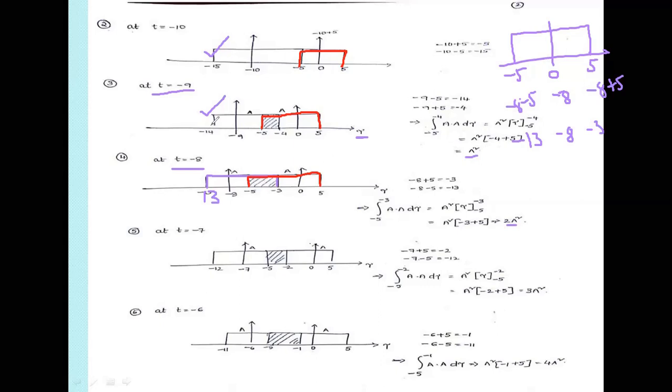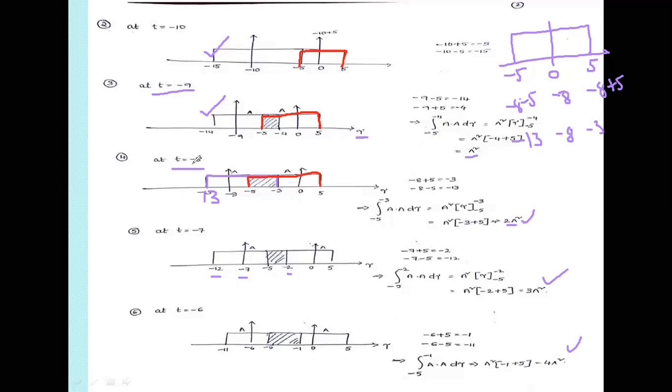Still it moves. So minus 15, minus 14, minus 13, next minus 12, and so on, up to minus 7 and minus 2. So here it is 0, minus 4, minus 3, minus 2, and so on, minus 1. Still it is 2a square, 3a square, 4a square. There is no overlapping up to those values. At t equal to minus 10, minus 9, minus 8, minus 7, minus 6, the values go on increasing.